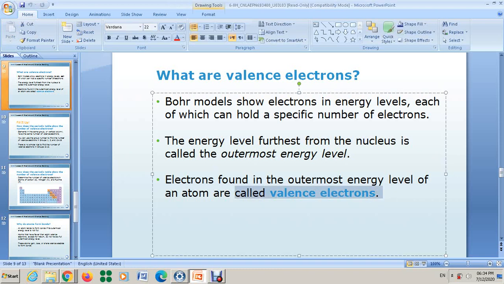Now we want to learn how to draw the Bohr model for different elements. If you know the atomic number, I want to remind you, the atomic number is equal to what? The number of protons, and the number of protons equals the number of electrons for what? The neutral atom.